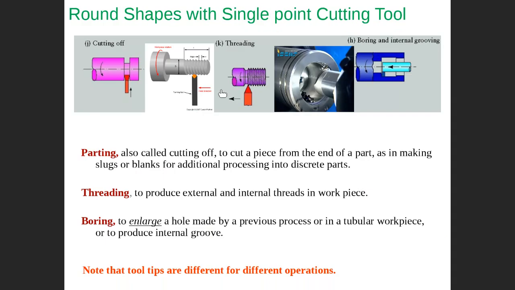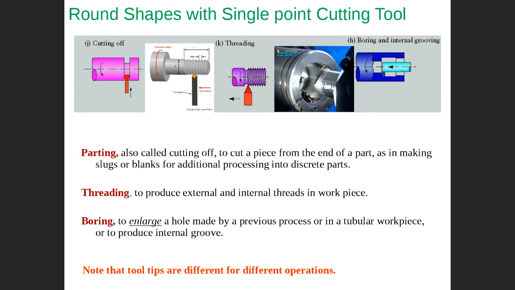Another operation: this is a cut off tool, which penetrates in the radial direction to cut. Threading: here a special tool is used to make a thread in a workpiece. This is internal. As I told you, whatever you can do externally, you can do internally. You can enlarge the hole, you can thread internally, you can make a taper internally, and so on.